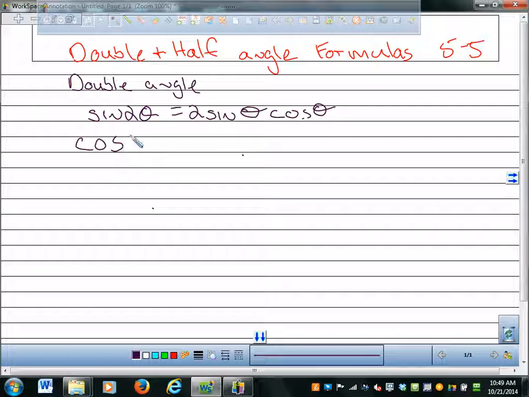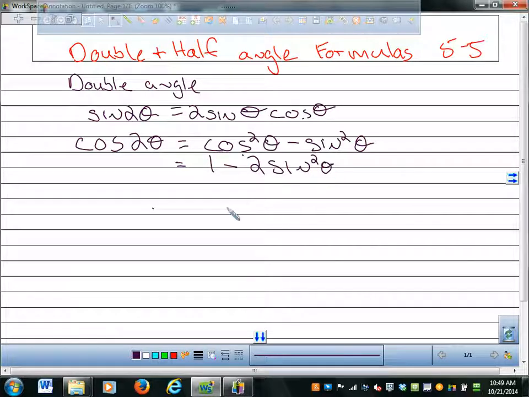Cosine of 2 theta is equal to, if you did this using the summation formula for cosine, cosine theta plus theta, you'd get cosine squared theta minus sine squared theta, okay? Which is also equal to, if you were to plug in 1 minus sine squared for cosine squared, you would get this formula: 1 minus 2 sine squared theta.